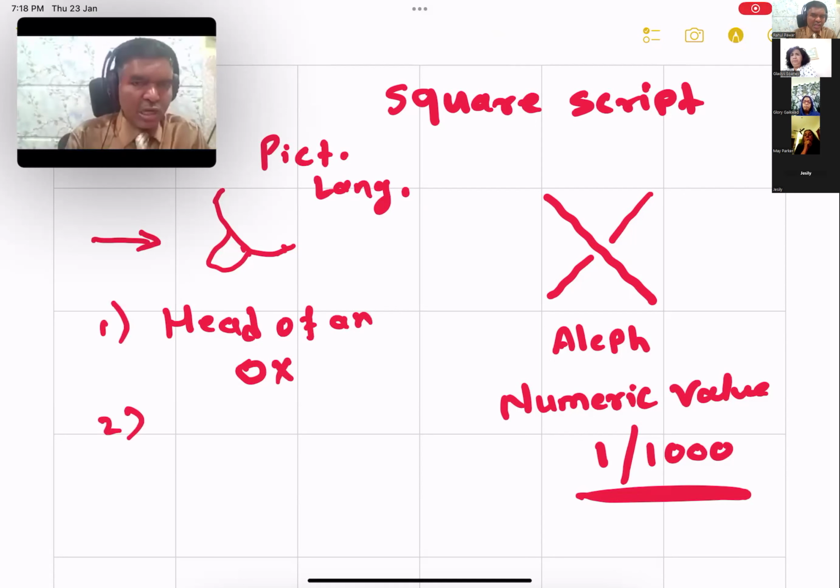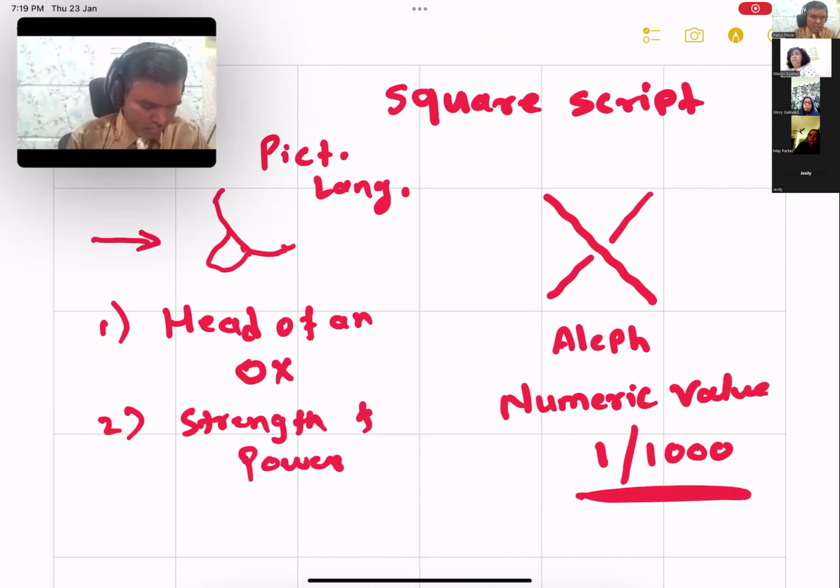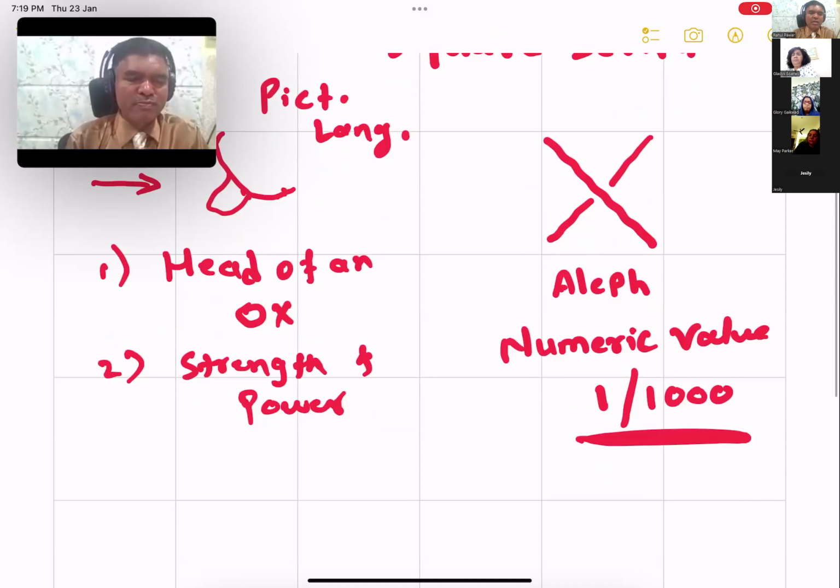It also means strength and power. It also means to learn or to teach.